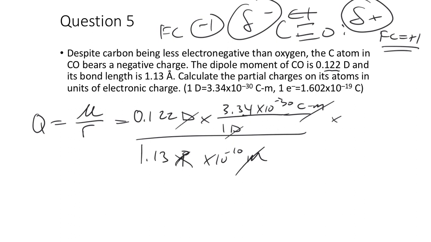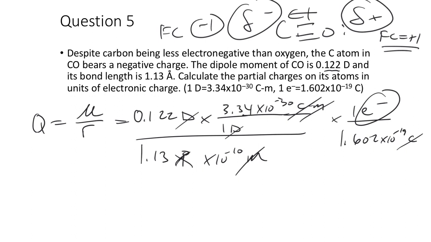And then I convert to the number of coulombs for the charge of an electron. The charge of one electron is 1.602 times 10 to the minus 19 coulombs. That cancels out the coulomb, so that gives us the charge relative to that electron.